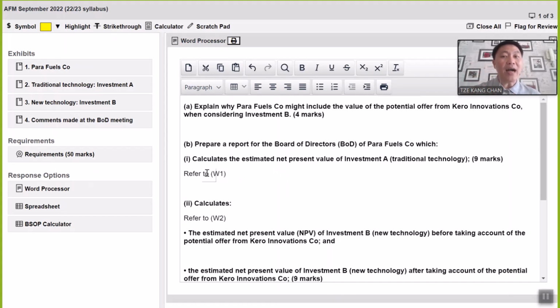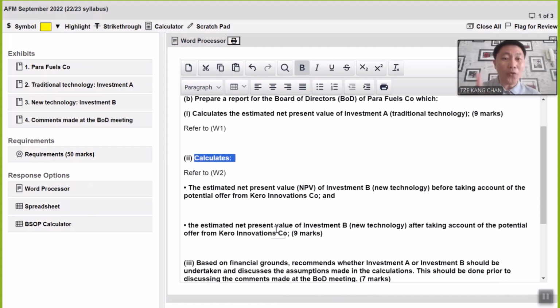I will leave it to the students to attempt by going back to the spreadsheet with working one and deriving the NPV as common practice. However, what we are focusing on is the calculation of the NPV of investment B before considering the offer from Kiro company.